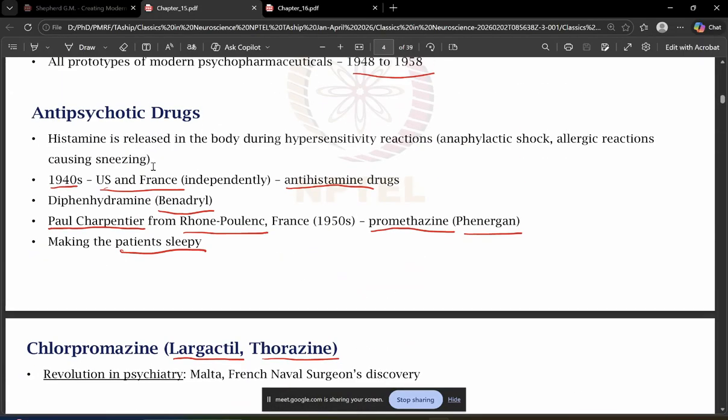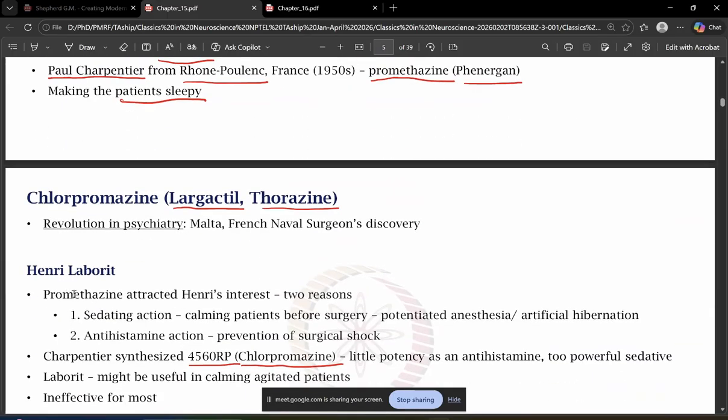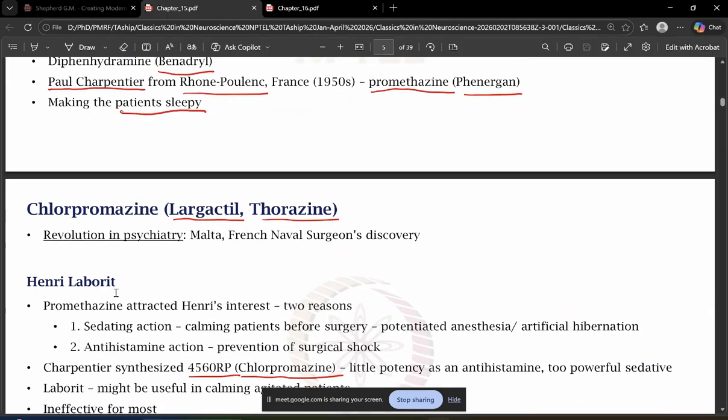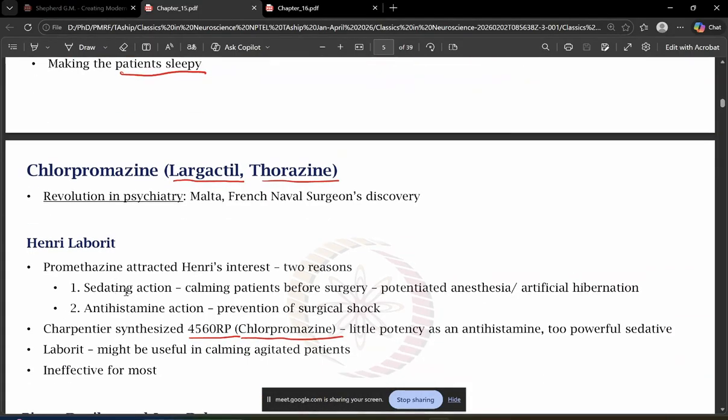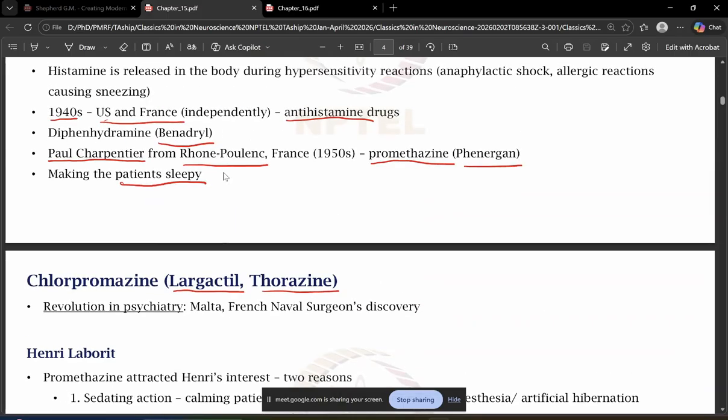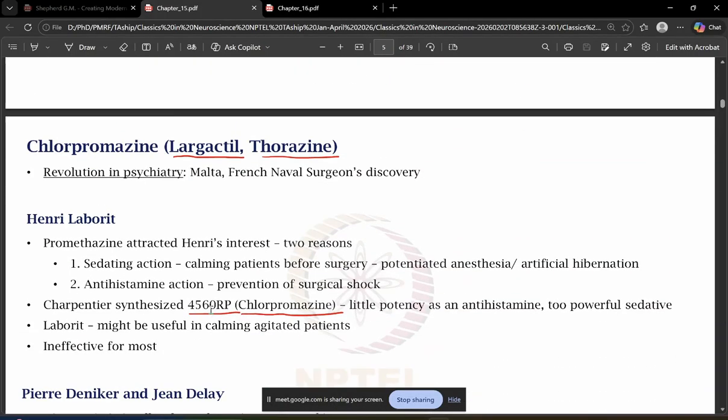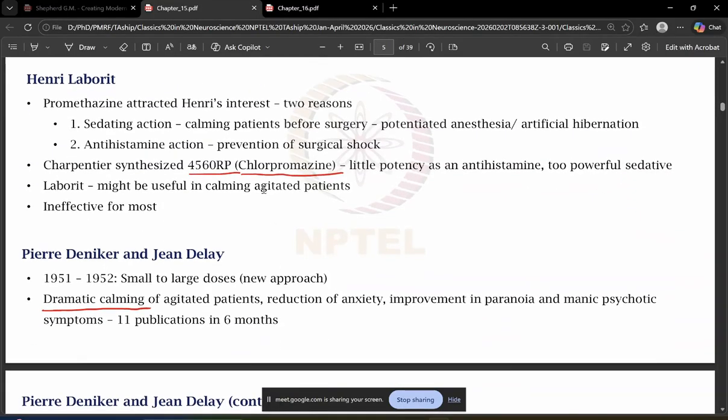But when Henry Laborit asked for some kind of drug which might act as a sedative as well as an antihistamine, the company Rhône-Poulenc sent this drug to him. He used it, and he thought it might be very useful in calming agitated patients.